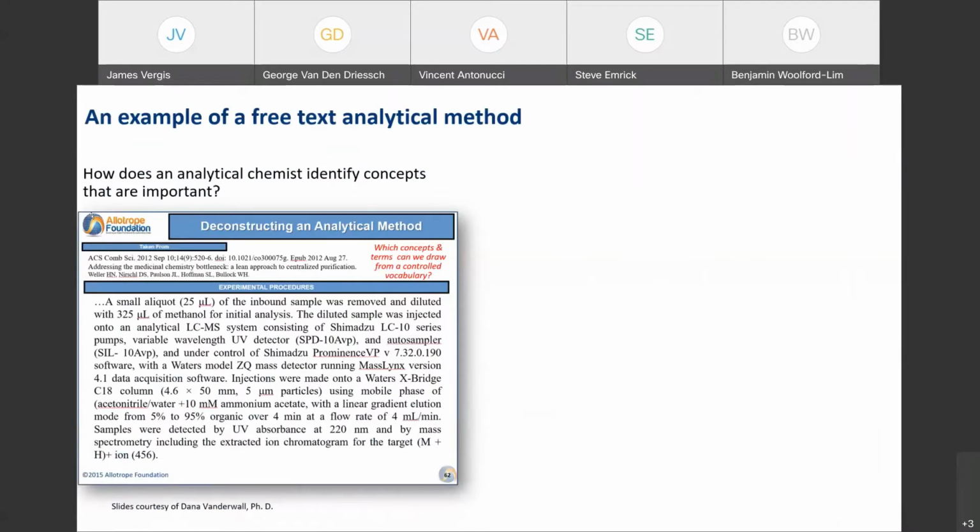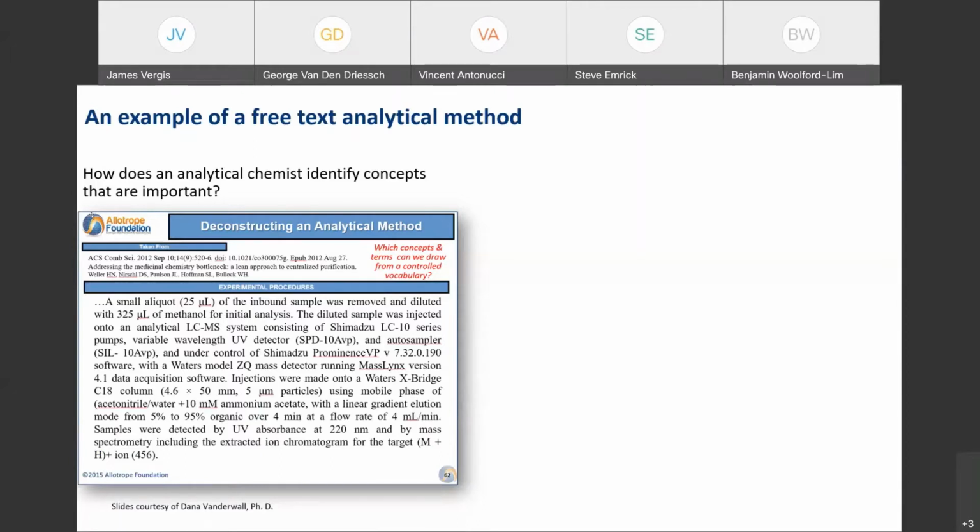Thanks. So here's an example of where we're starting from in many situations today with analytical chemistry, and certainly where I sit at USP. If you look at our monographs or general chapters, they're often written as prose. There's lots of free text, unstructured data, but if you peek under the hood, there are conceptual domains that are identifiable.